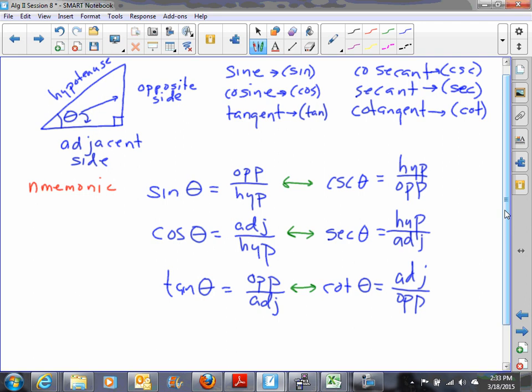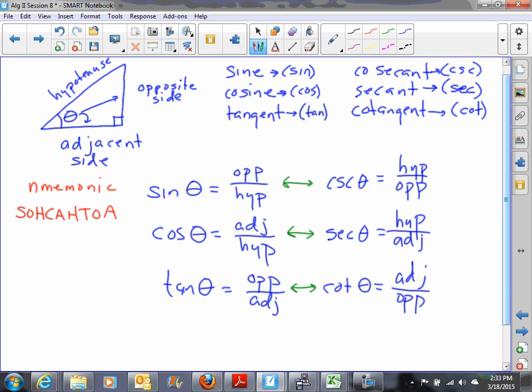It's a memory device. And the memory device is, as legend has it, the name of a Native American chief, Chief SOH CAH TOA.